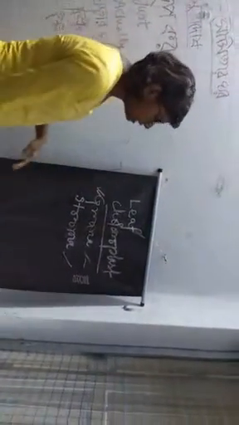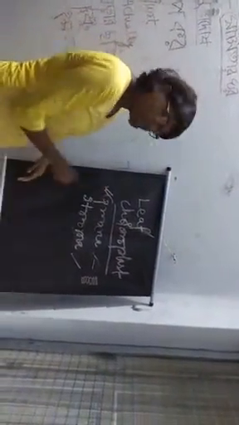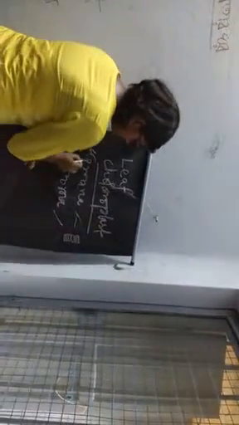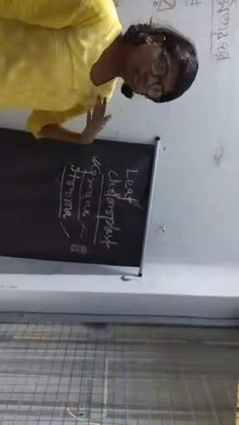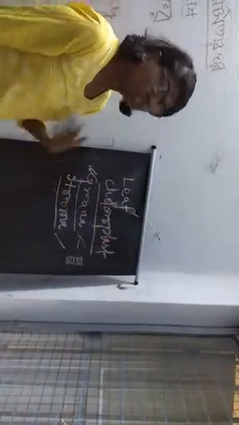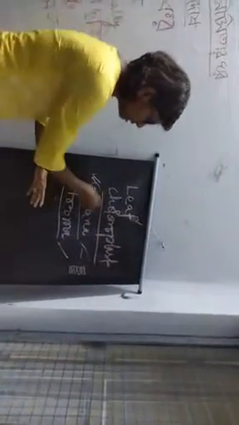So from here we can conclude that chloroplast is the seat of photosynthesis. In chloroplast, grana is the place where light absorption takes place, and stroma is the part where CO2 fixation takes place.